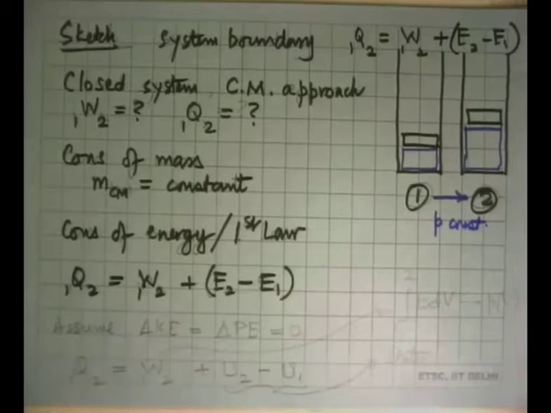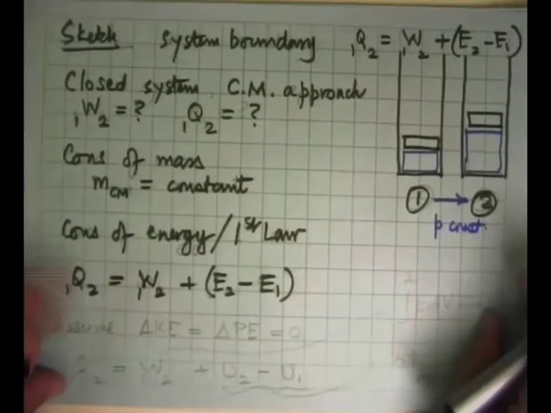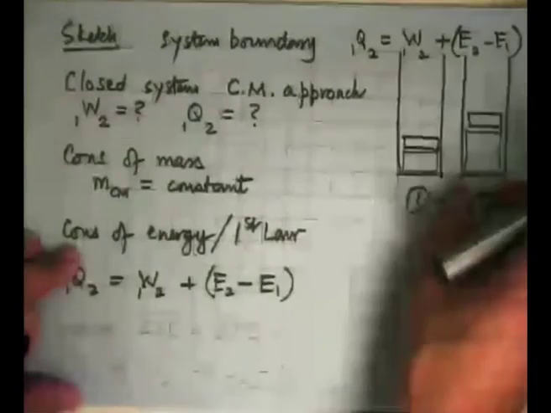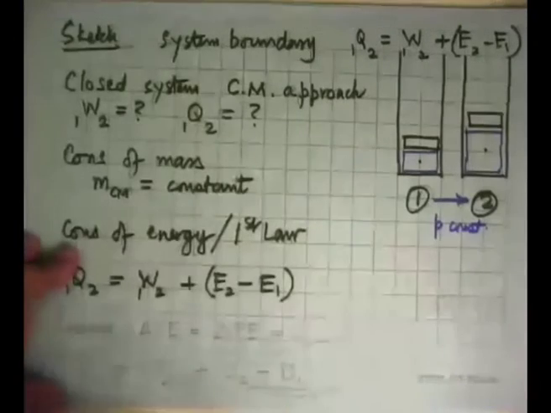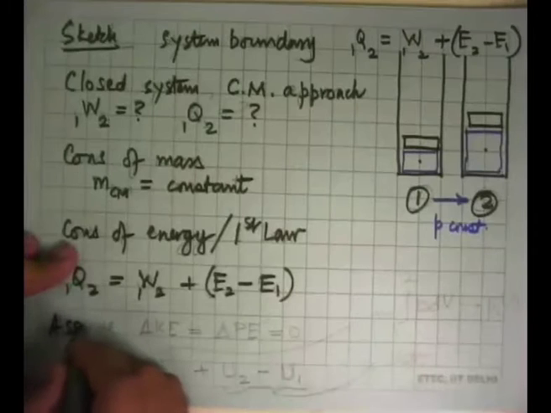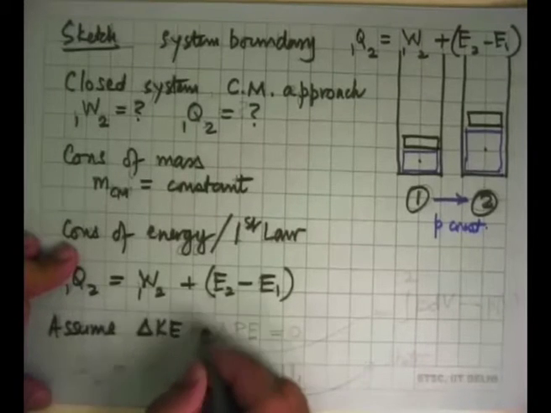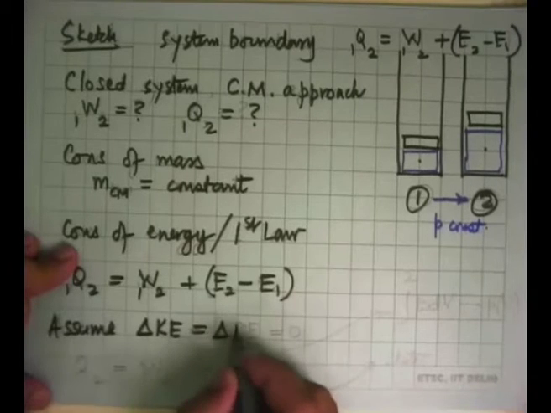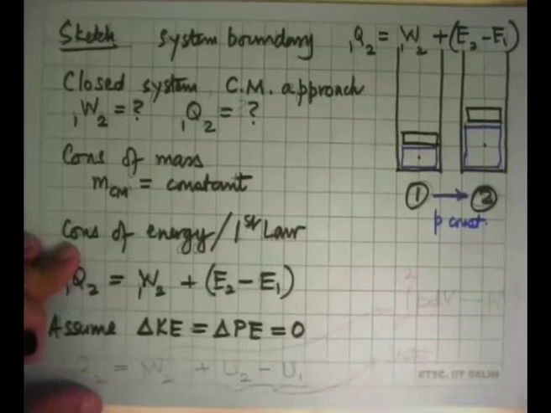And now we say, what are the reasonable assumptions in this application? We say that kinetic and potential energy changes are not happening, it is stationary. The center of gravity of the system rises very slightly, and that we can neglect. So we explicitly say that we assume that delta KE is equal to delta PE is equal to 0.